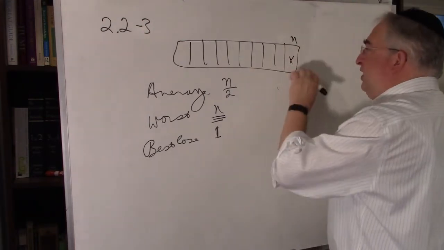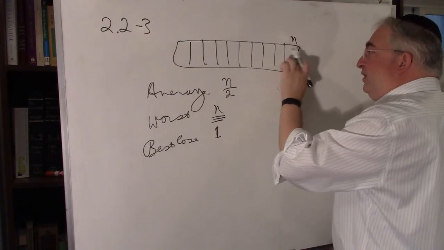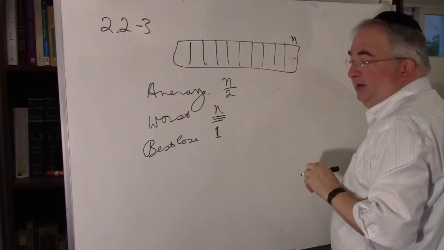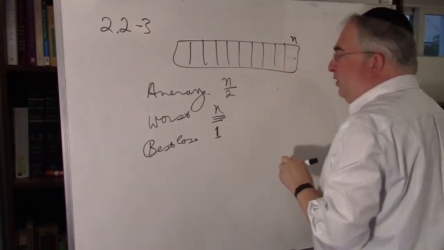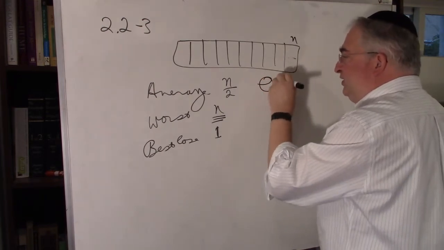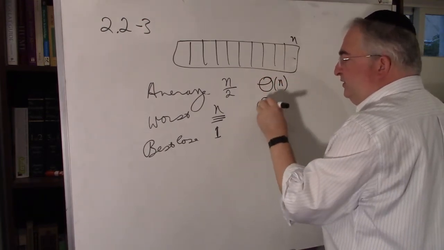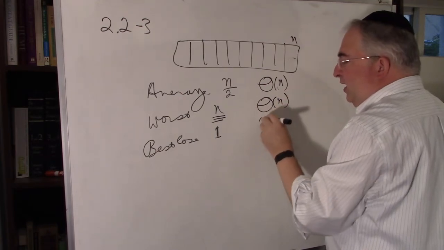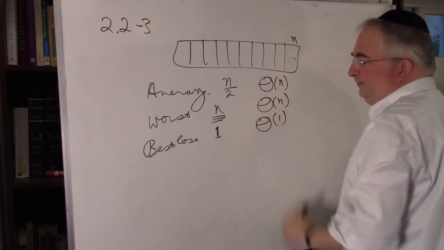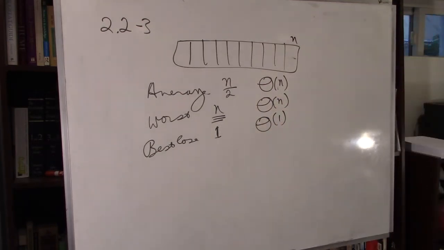And the other one is if you go through the entire array and you don't find it anywhere. So still that takes n. In theta notation, this is theta of n, this is theta of n, and this is theta of 1. So that takes care of that. Okay, next.